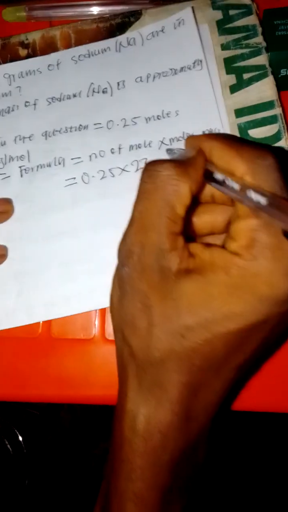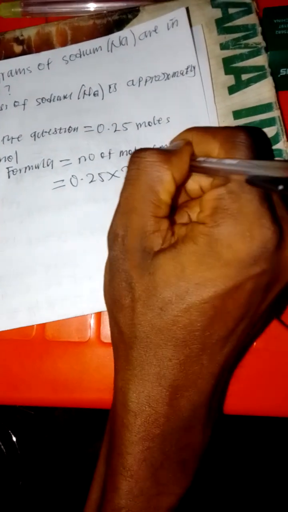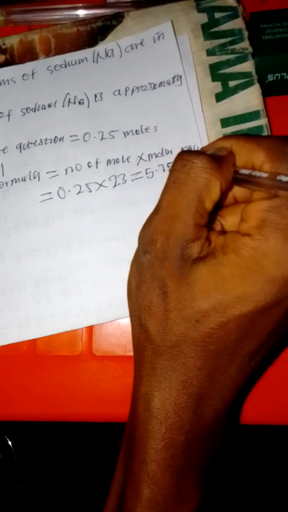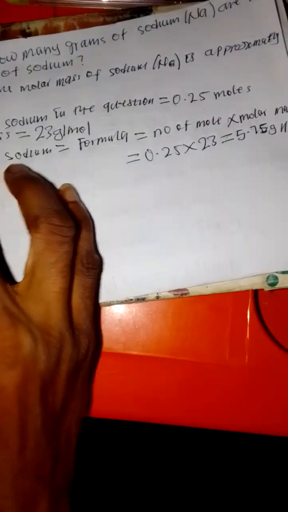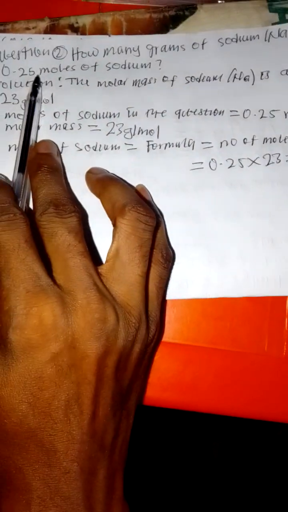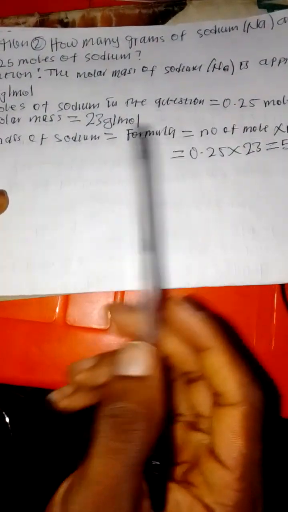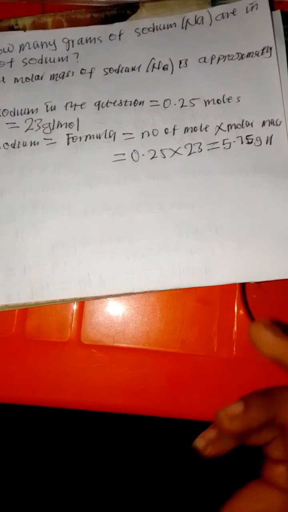So the answer is 5.75 grams. So that is the answer. They said how many grams of sodium are in 0.25 moles of sodium. So the answer is 5.75 grams.